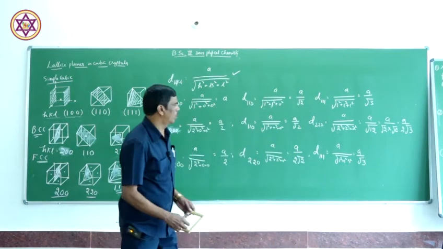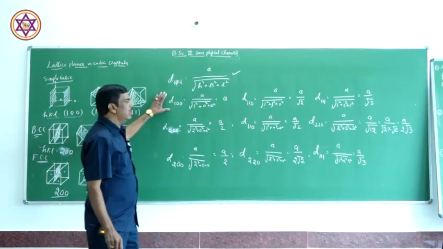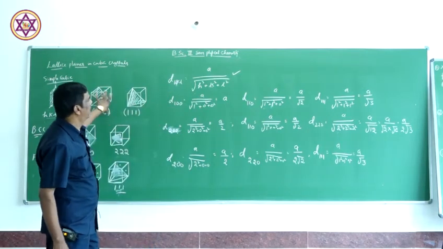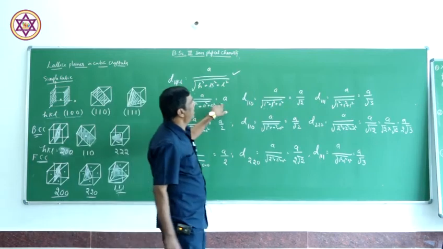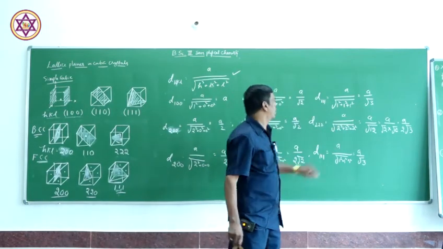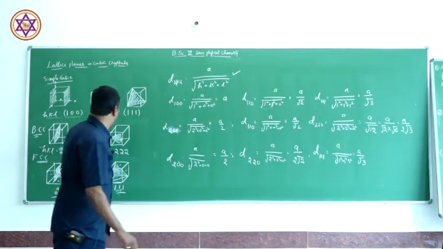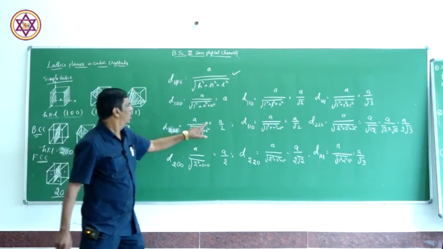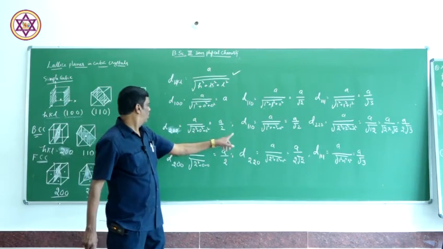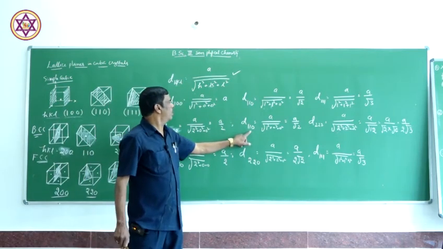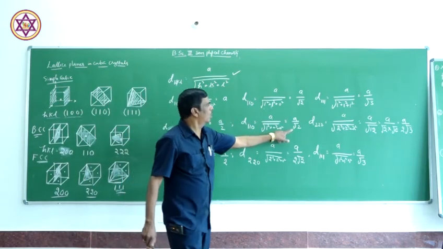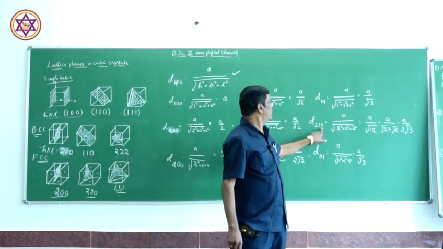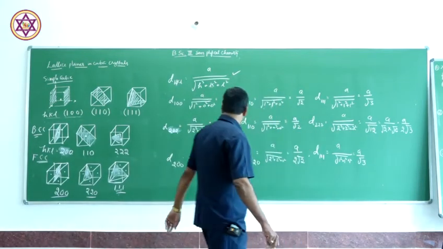So, therefore, in case of simple cubic lattice, interplanar distances are a by root 2 and a by root 3. For the body centered cubic lattice, interplanar distances are d 2, 0, 0, that is a by 2, d 1, 1, 0, a over root 2, and d 2, 2, 2, a over 2 root 3.